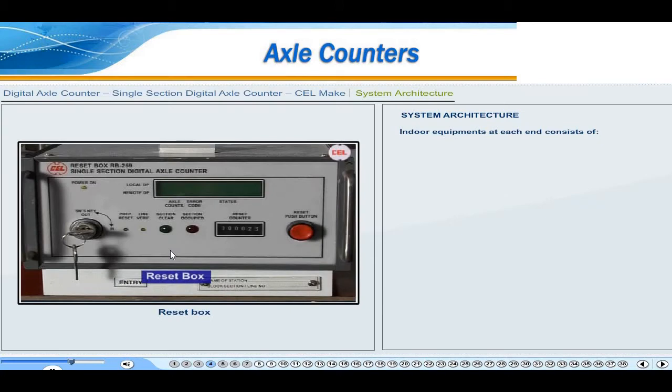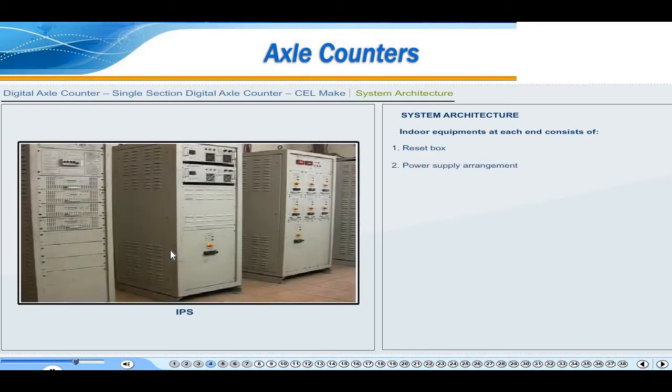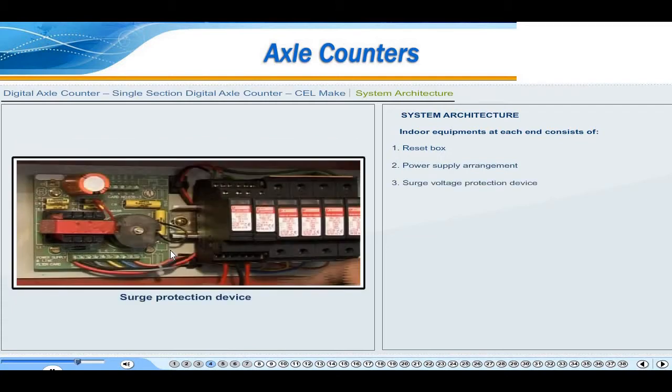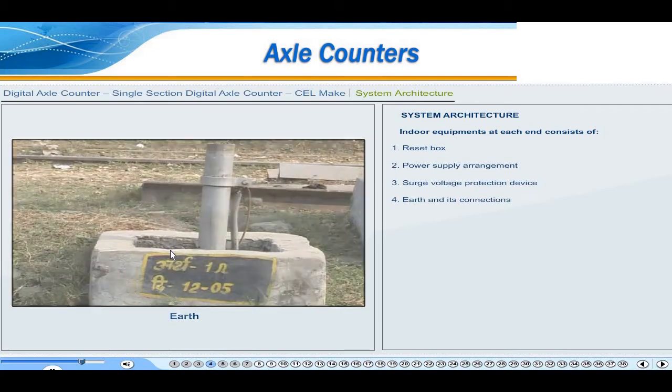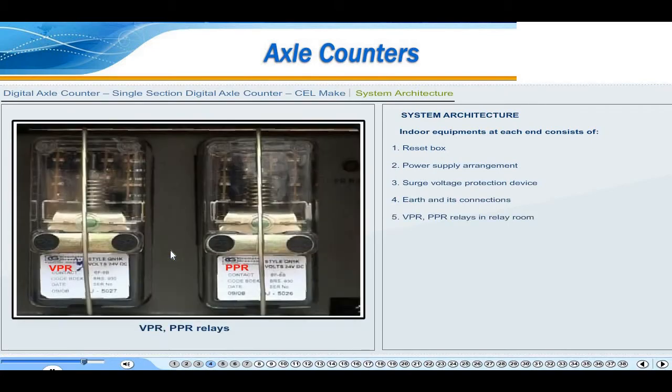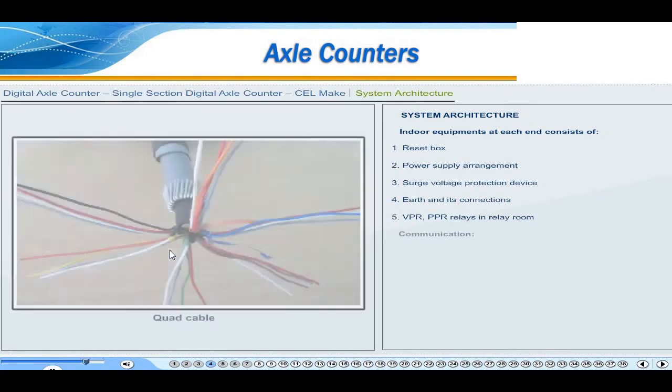Indoor equipments at each end consist of reset box, power supply arrangement, surge voltage protection device, earth and its connections, VPR, PPR relays in relay room.